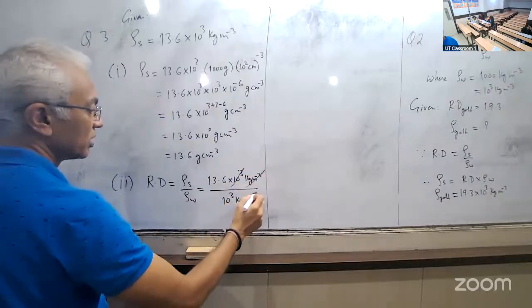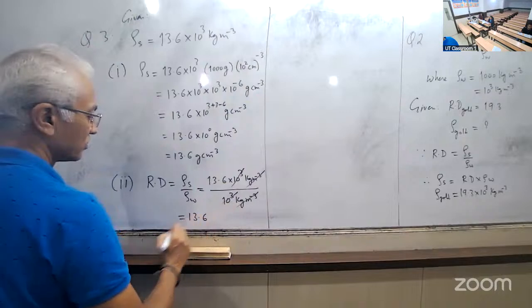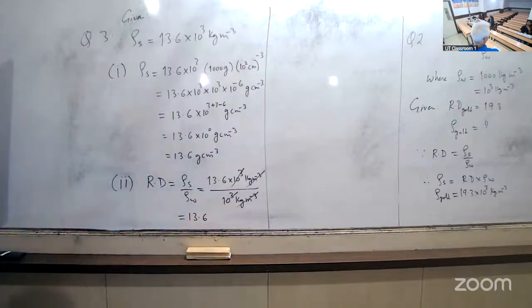So this will be cancelled. So it is equal to 13.6. That's the ratio. Okay, so with this, we have completed this step.